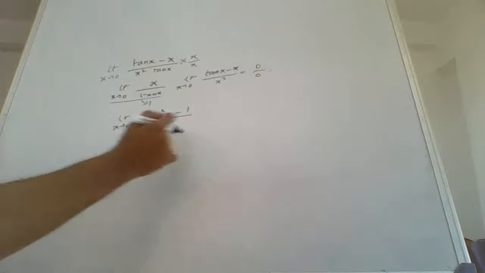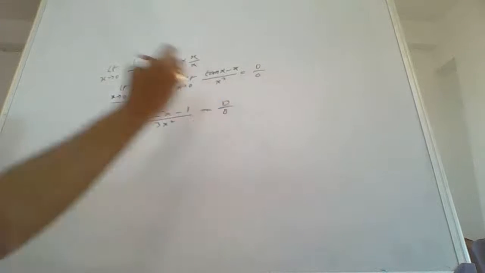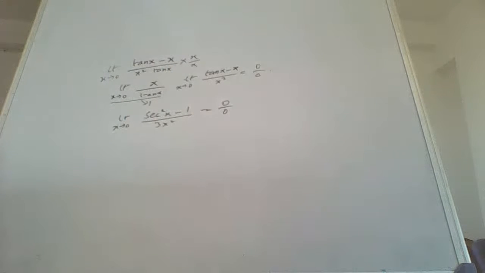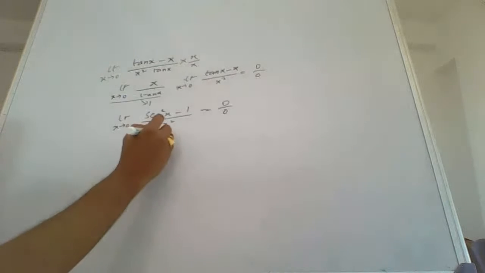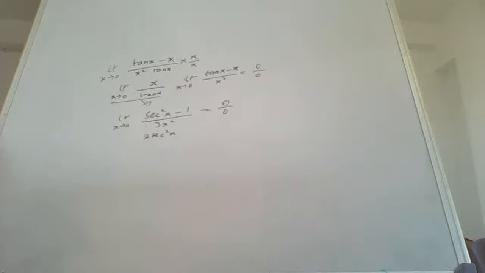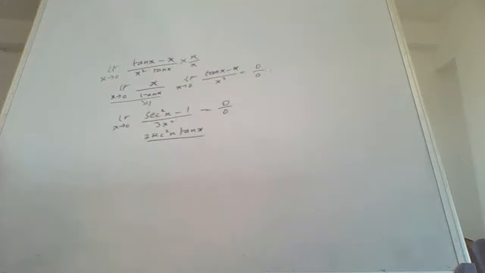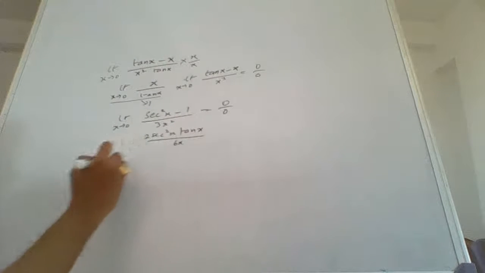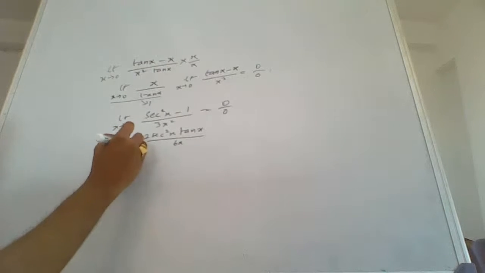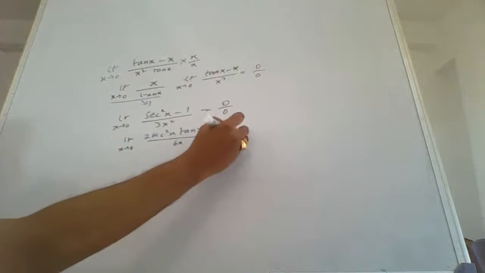If I put x equal to 0, again I get 0 by 0. Now differentiating with respect to x, the numerator gives 2 secant square x tan x, and I get 6x in the denominator. Now as x tends to 0, this will again be 0 by 0.